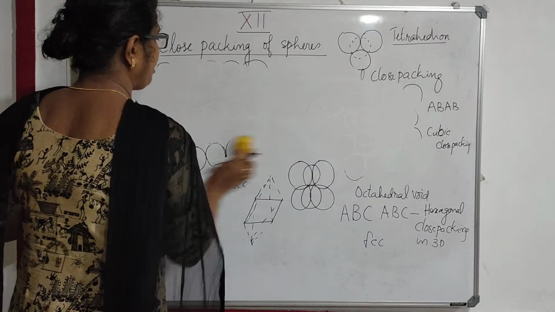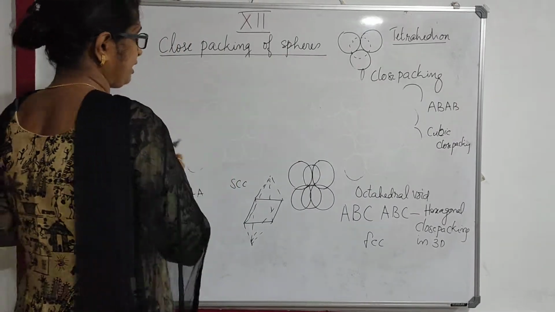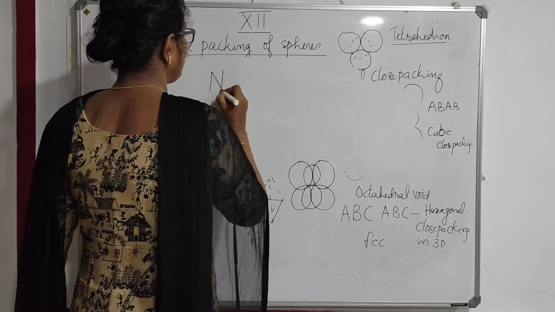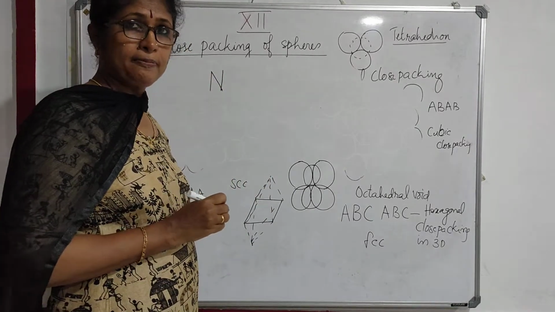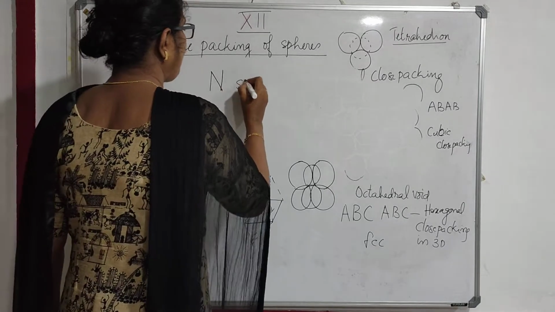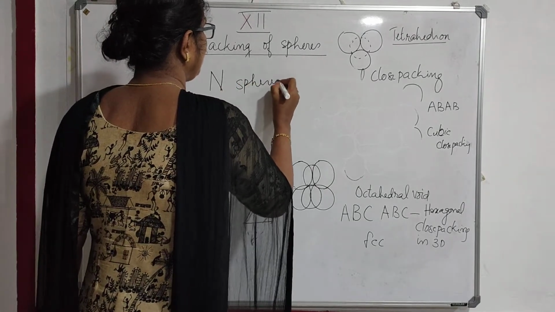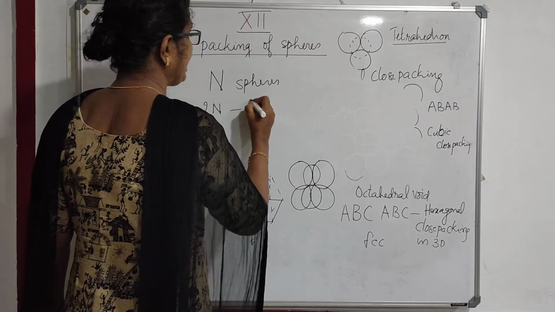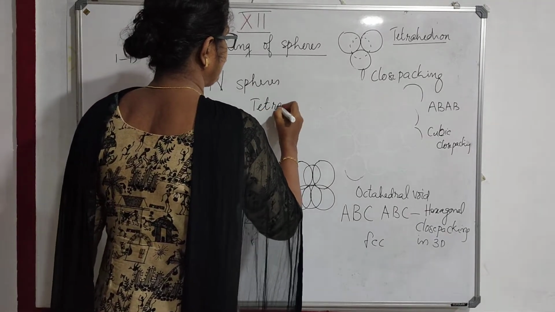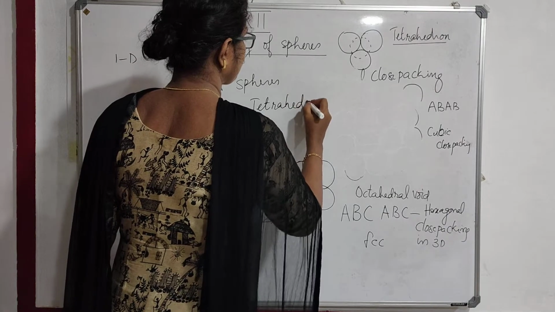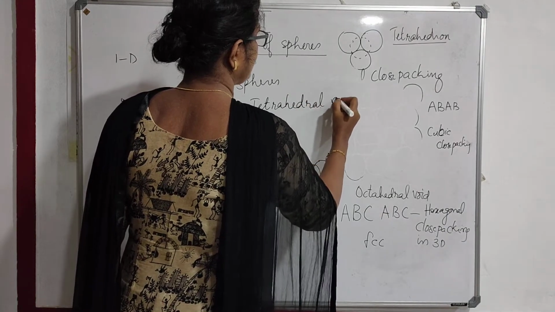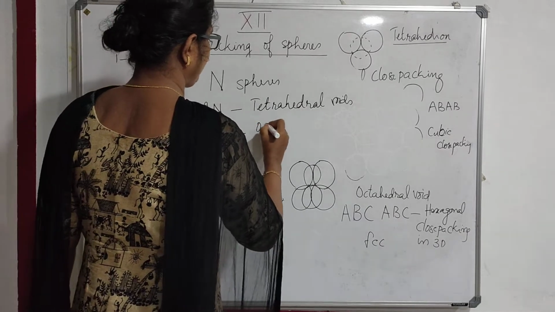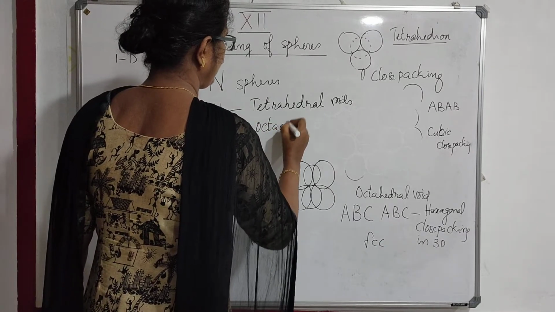Now, if both tetrahedral and octahedral voids are formed, and you are arranging n number of spheres, then there will be 2n number of tetrahedral voids and n number of octahedral voids.